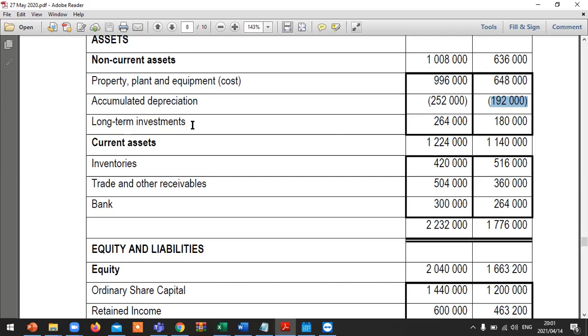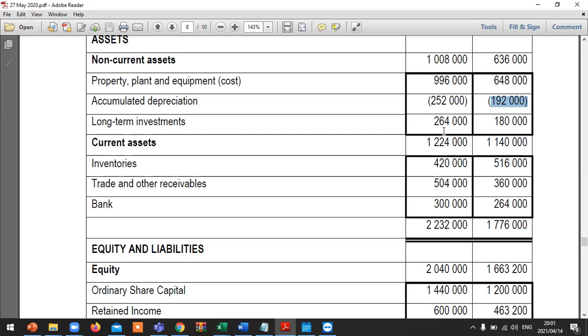What is the golden rule for assets? If the value of assets increases, it would mean that money was spent. As a result, there will be an outflow of cash. No money was given to you. It's you who took the money and increased your investment. As a result, your cash will be affected negatively.